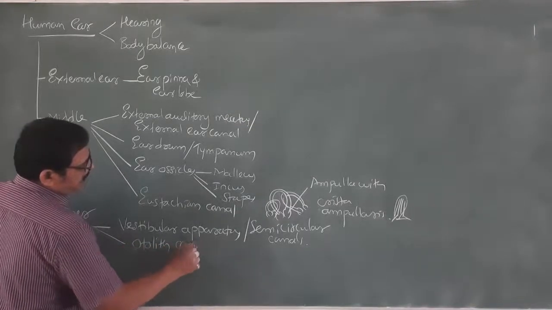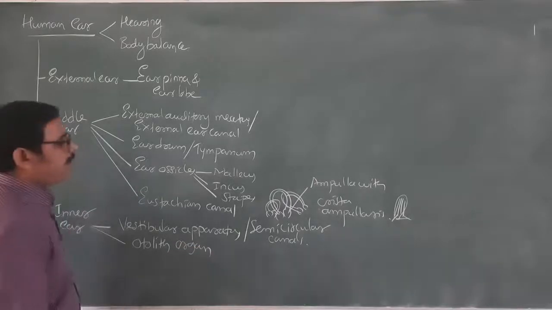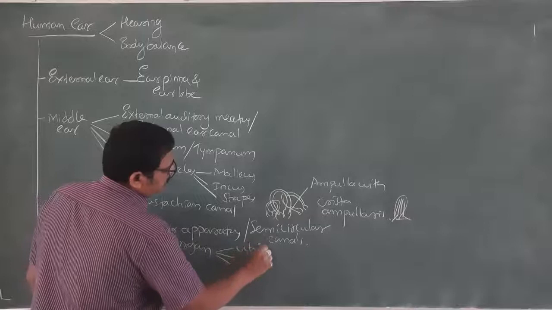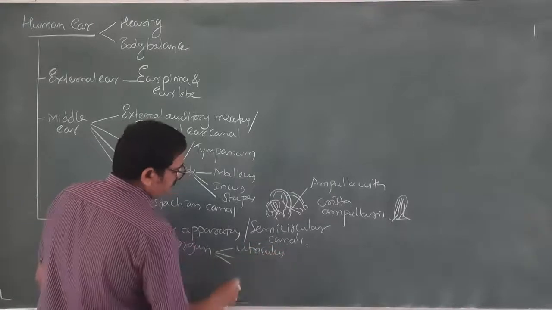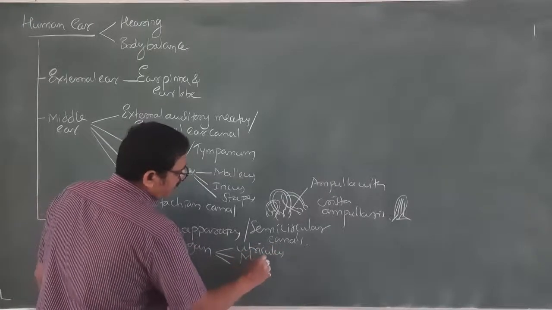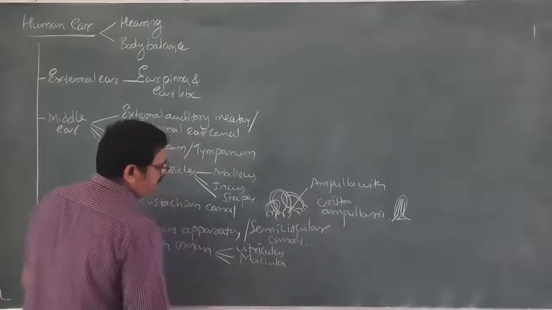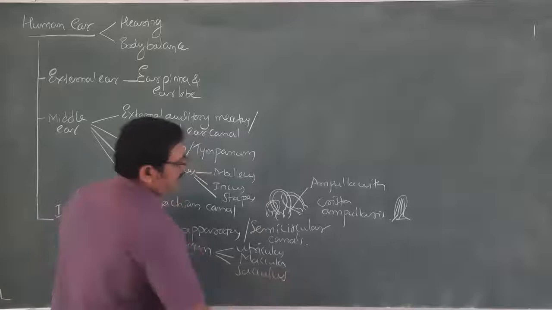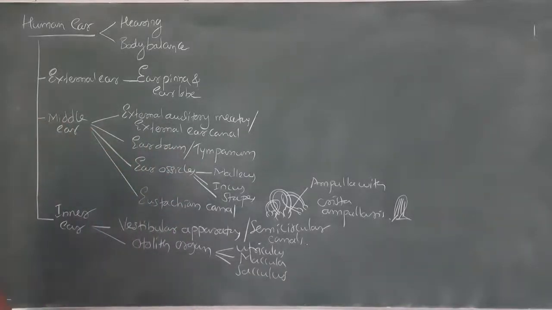The otolith organ has three parts: utriculus, macula, and sacculus. You will find all these parts when I label them in the detailed structure.